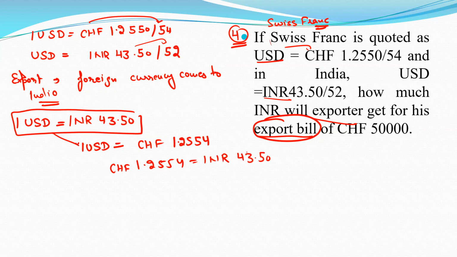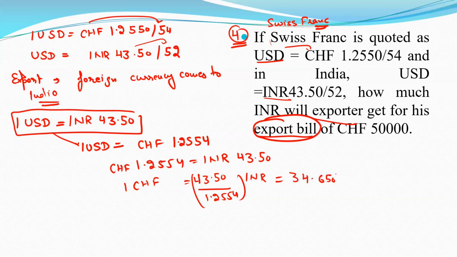So from here we will get 1 CHF is equal to 43.50 upon 1.2554 INR. By solving this, the value of 1 CHF is 34.6503, basically how many Indian rupees, as we have to calculate in rupees.